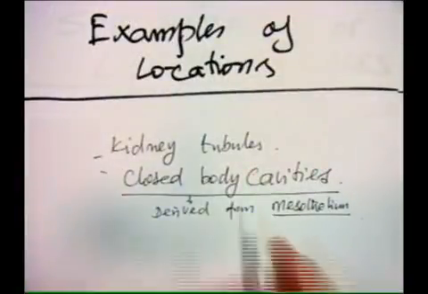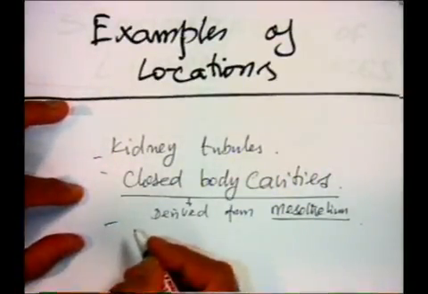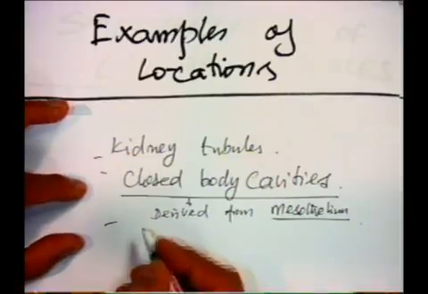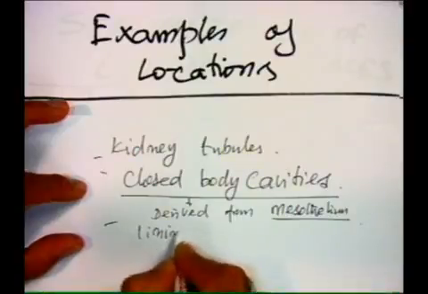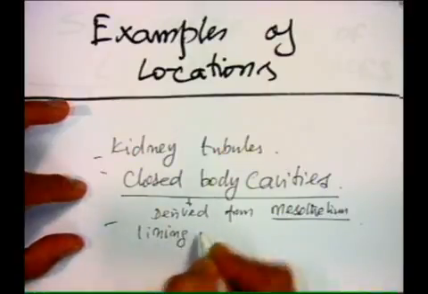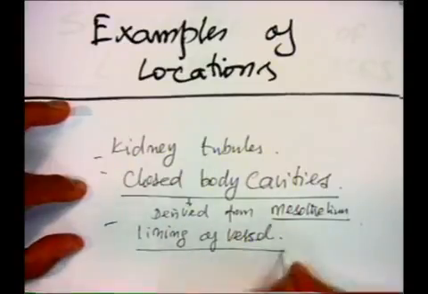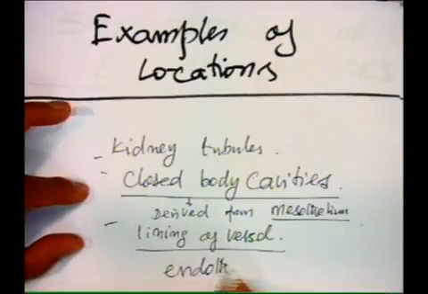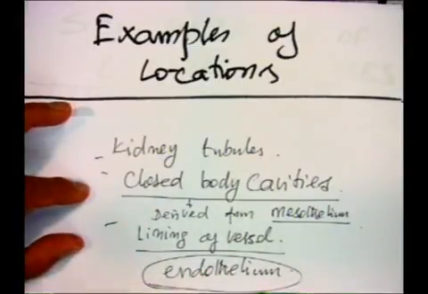Derived from mesothelium, and also this simple squamous epithelium is present in the lining of vessels. Blood vessels have the lining, okay, and that is again called an endothelium. So endothelium is present in the blood vessels.